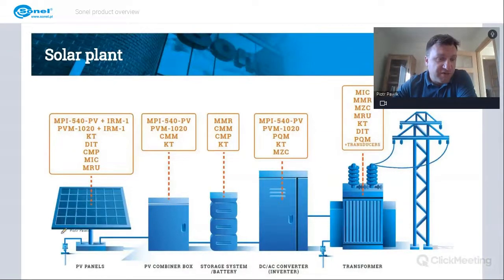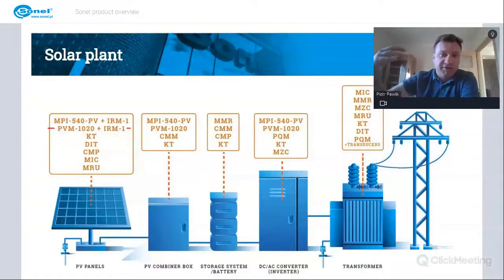Now to check the electrical safety of the solar panels, we can use PVM 1020. So that's the meter to check electrical safety of solar panels, together with IRM1. So this is the meter to check the solar, the irradiance meter.